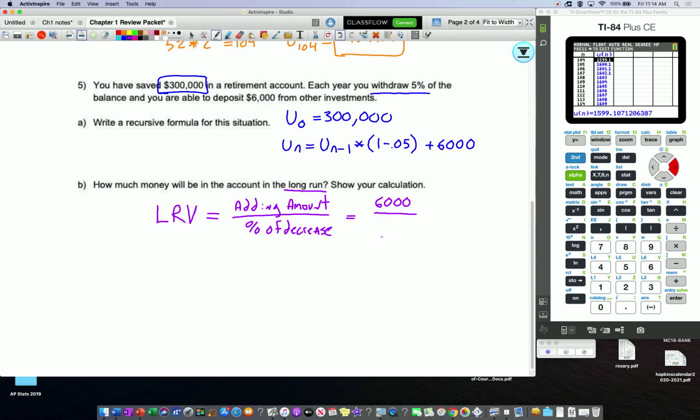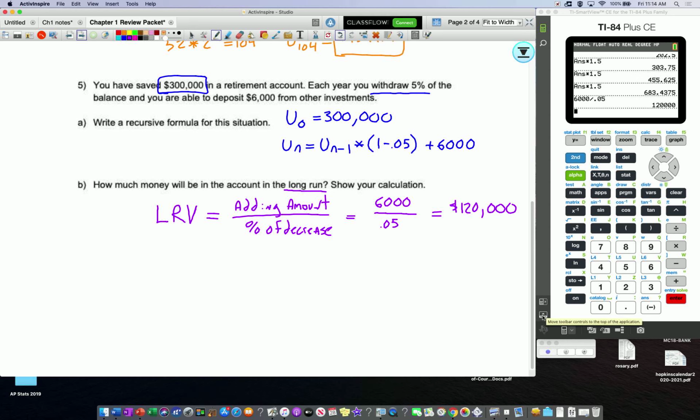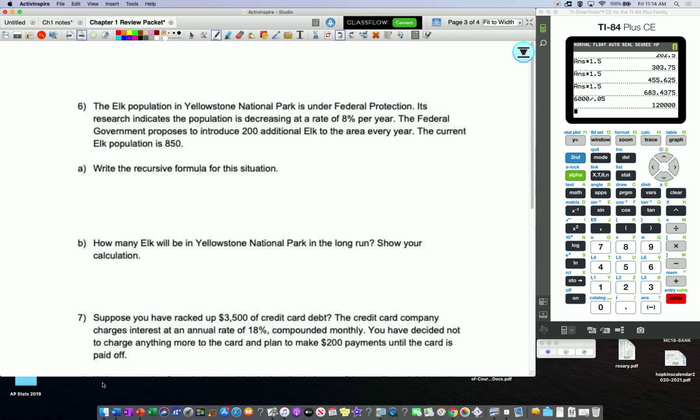The percentage of decrease was 0.05. So let's see what happens here when we actually do that. So 6,000 divided by 0.05 gives us $120,000. Wow. Woo-wee. All right. Sweet. Just like that, we got 2 pages of the review done and only a couple more pages to go.